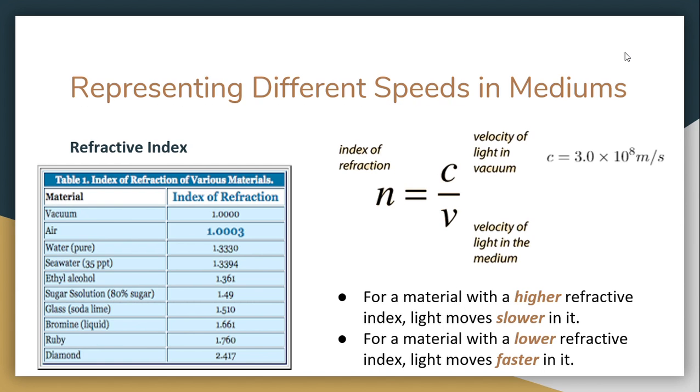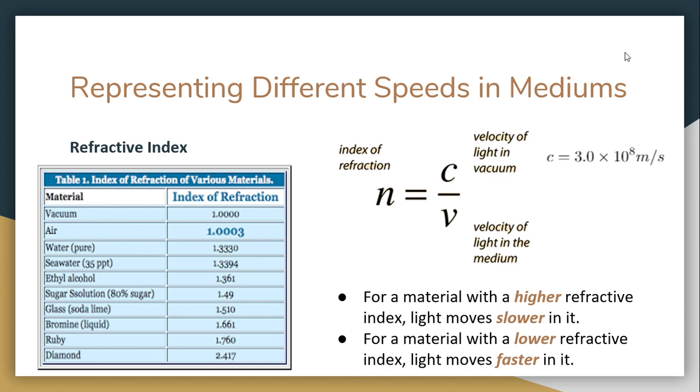We can see in the table on the left here that air has a refractive index of 1, water has a refractive index of 1.3, and glass has a refractive index of 1.5. So what we can see here is that as the refractive index is increasing, light moves slower in that material.